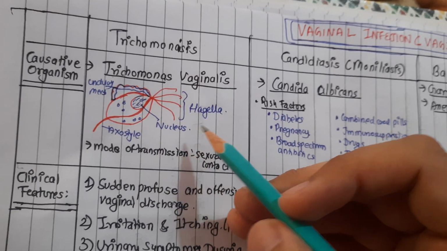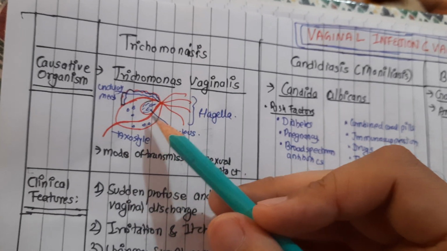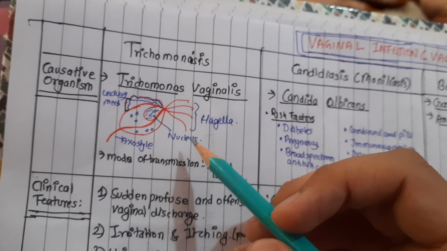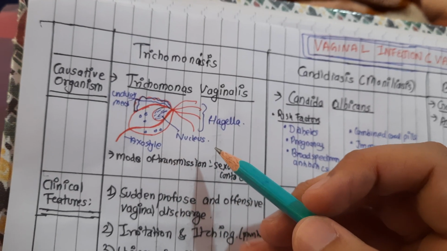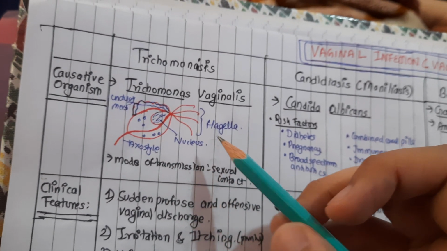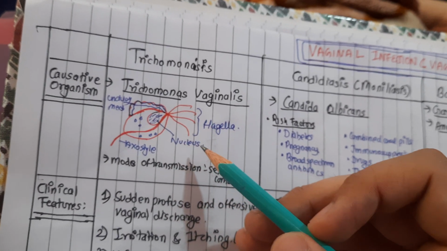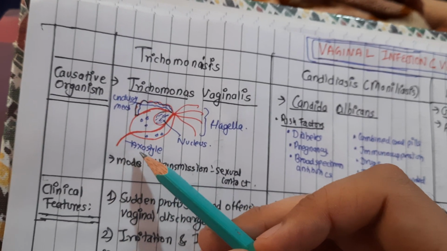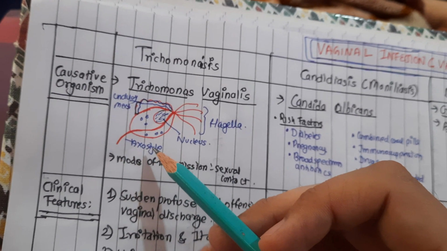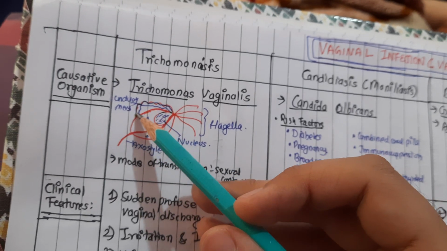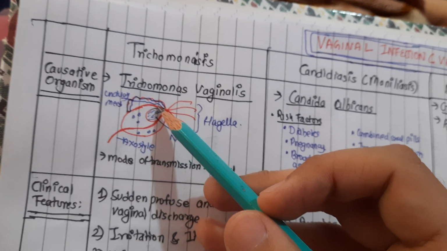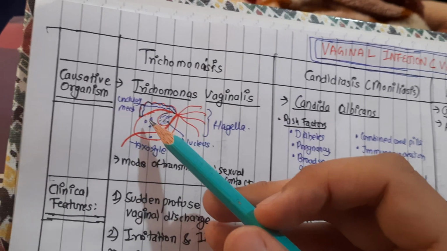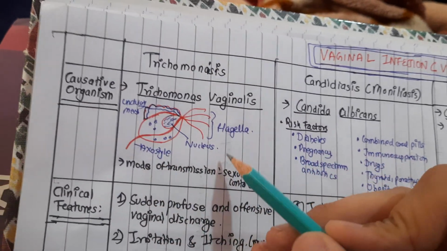It measures around 20 micron in length and around 10 micron in width. It is larger than WBC, and it has four anterior flagella. It has a spear-like protrusion at the other end, and it has one undulating membrane surrounding the anterior two-third part of its cell, and it is an actively motile organism.